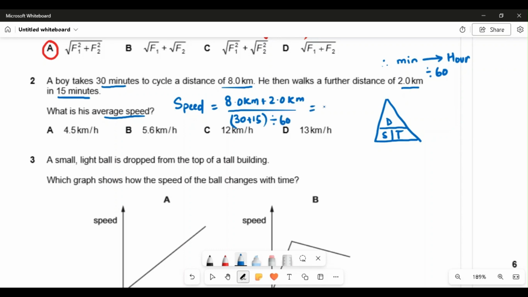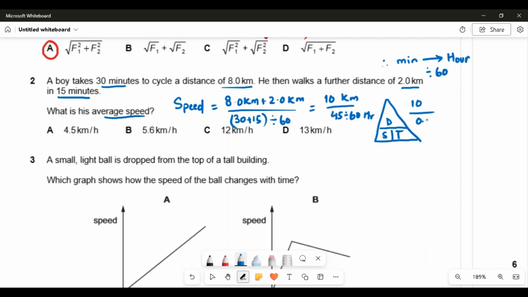So what I got here is 10 kilometers over 45 divided by 60 hours. 45 divided by 60 is 3 over 4, that can also be 0.75.